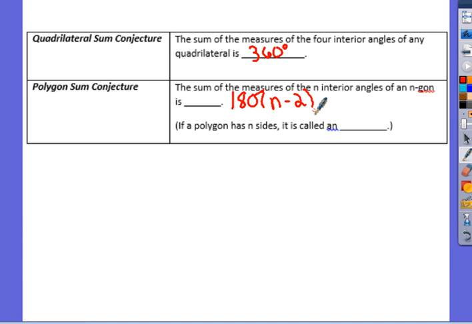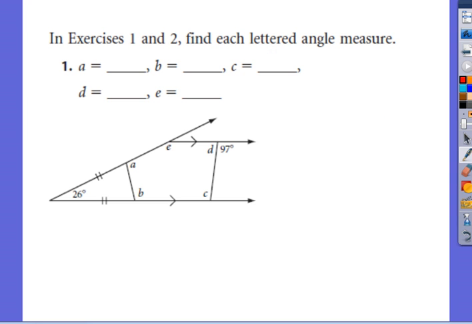If a polygon has n sides, it is called an n-gon. Don't be confused by the word n-gon. It just means a pentagon, a hexagon, a heptagon, an octagon. It just depends on how many sides it has. So please write that down, and you can pause the video if you want to get all that down.